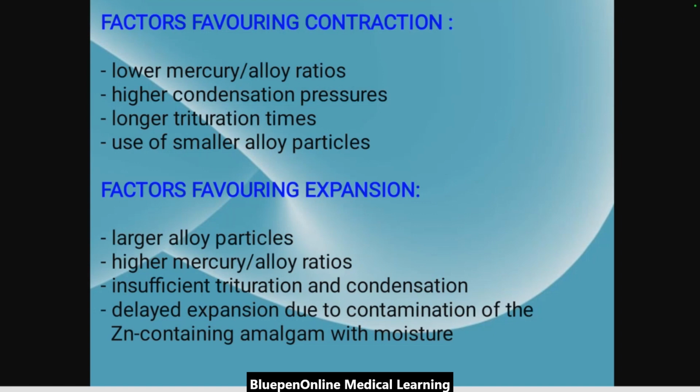Main is lower mercury alloy ratio. And factors favoring expansion: all opposite to these 4 factors are the ones which favor expansion.